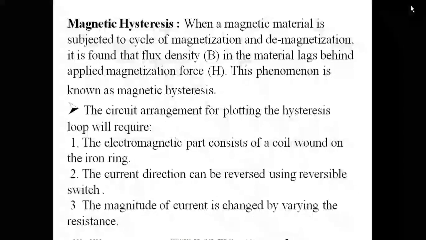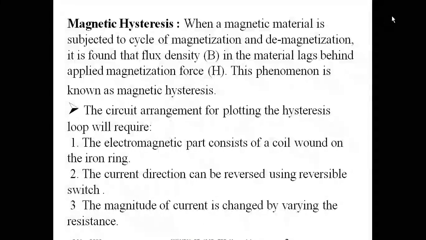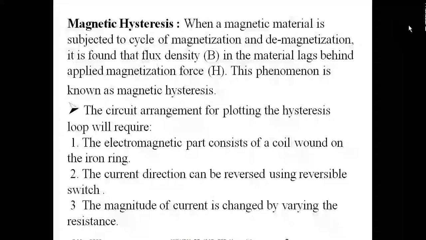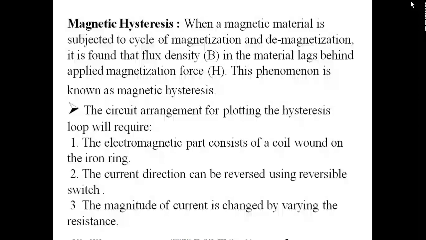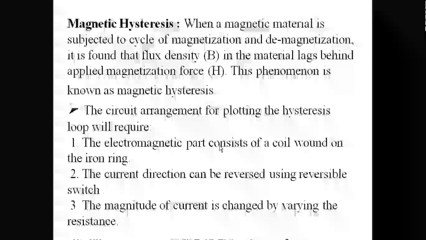Now to study the hysteresis loop and how to plot it, we have to do an experiment, and for it we require a circuit arrangement. The first important part is the electromagnet, which is a coil wound on an iron ring.